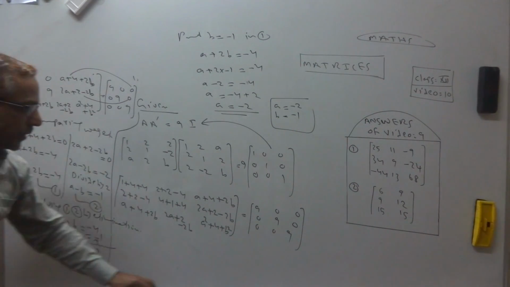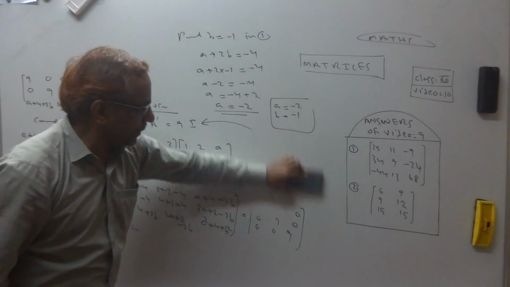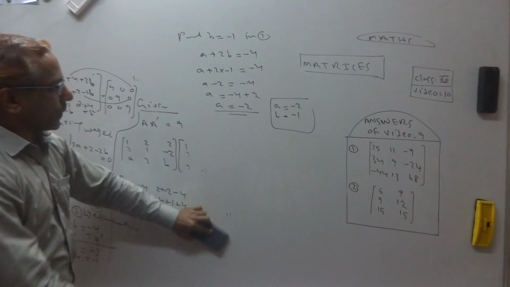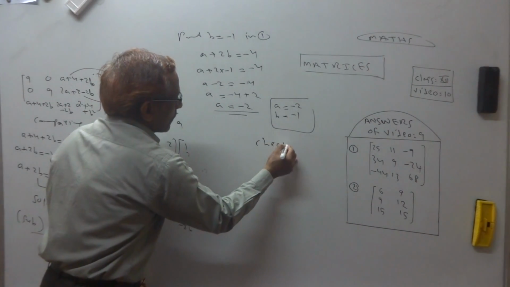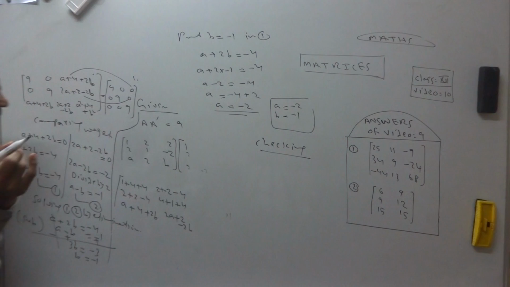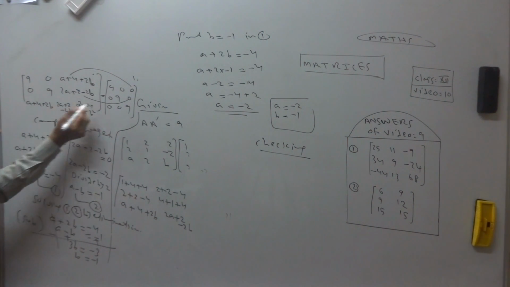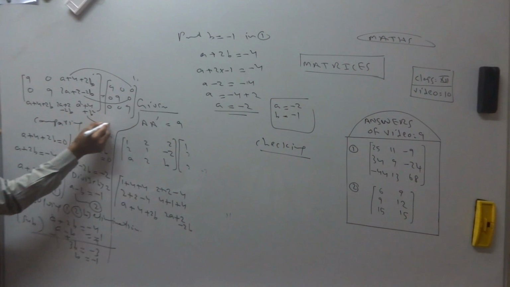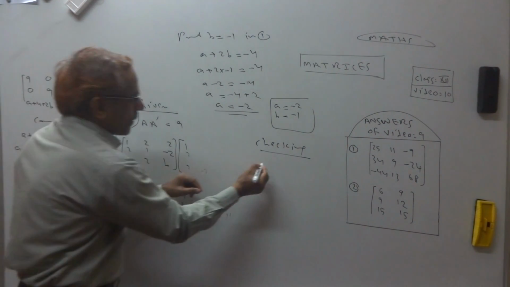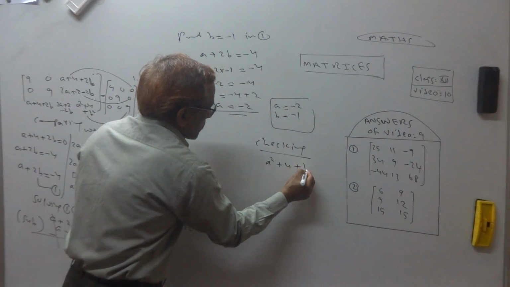You can check the answers. See, here checking: definitely this is equal to 0, this is equal to 0, this is equal to 9. A square plus 4 plus B square is 9.